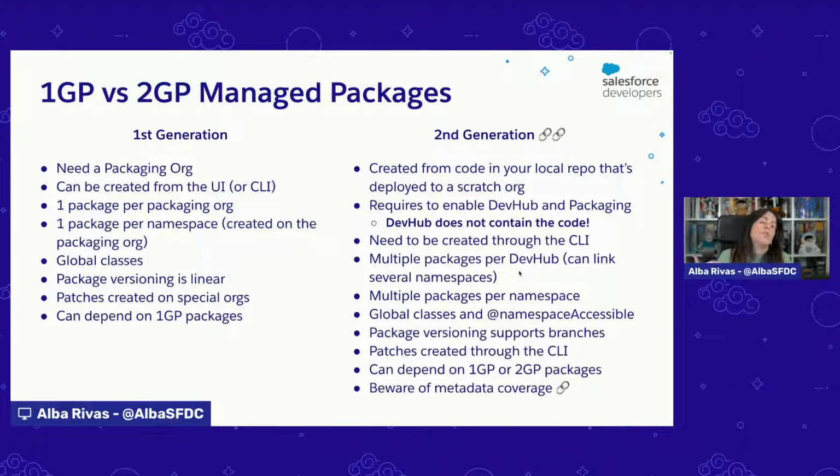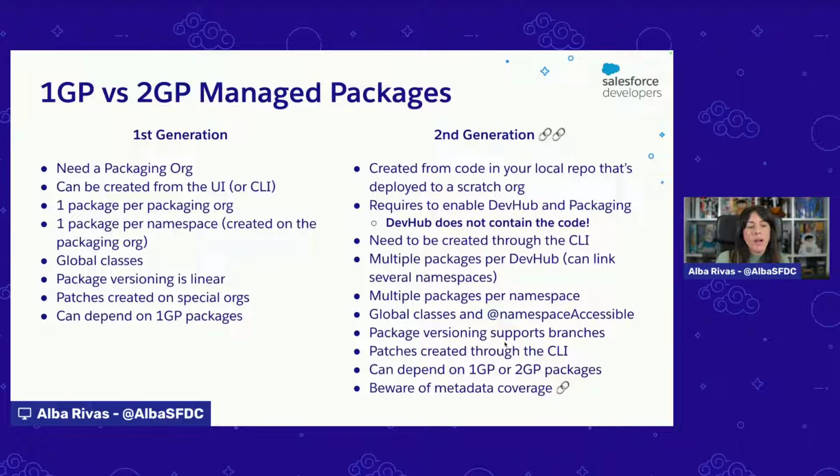So for instance, if you are a company who has different applications for different use cases, you can use the same dev hub for handling them. And it's even more because you can create multiple packages per namespace, so that those packages can share the code in a special way, which is something new that we introduced for second generation managed packages.